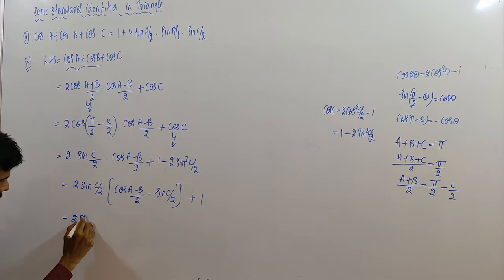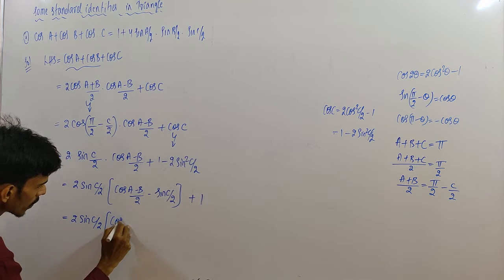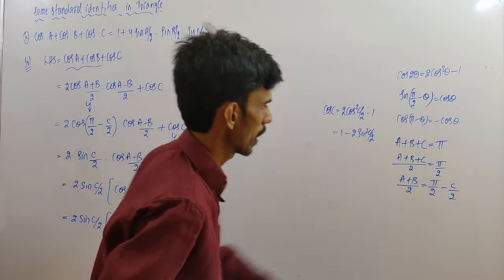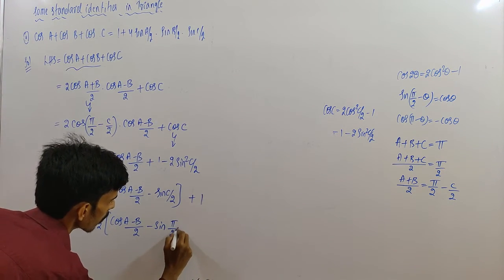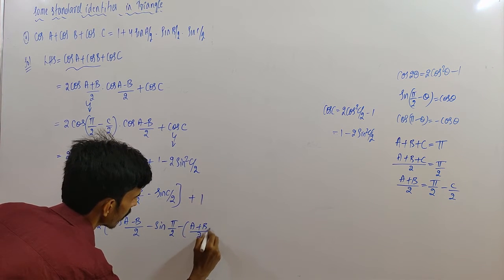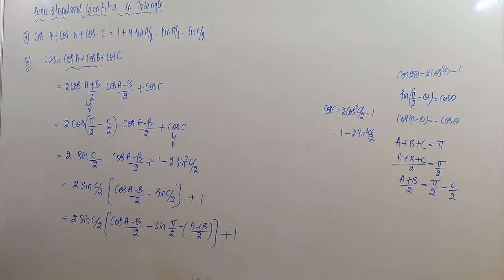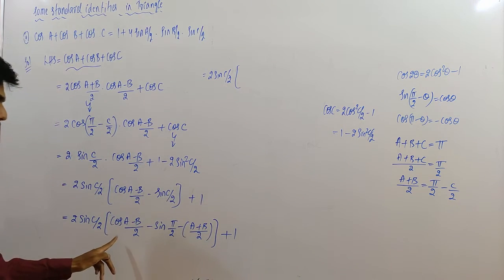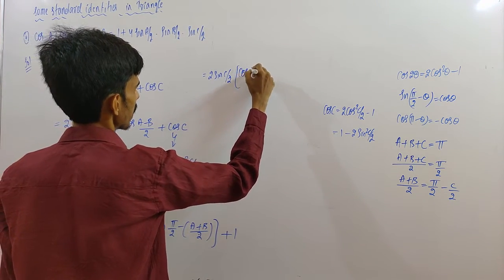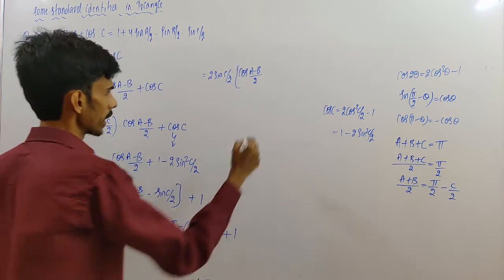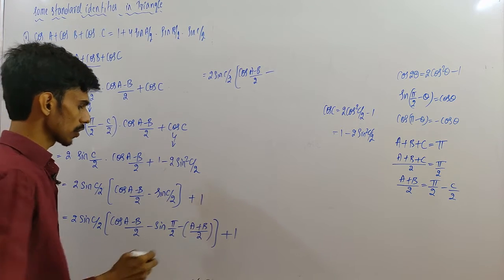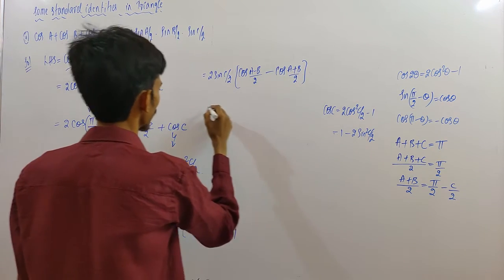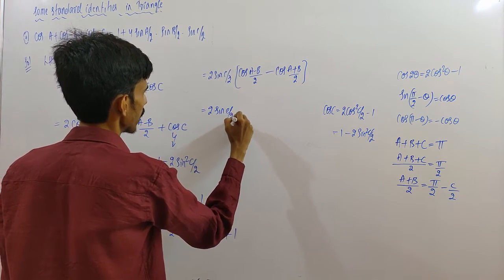Now this will become 2 sin(C/2) [cos((A-B)/2) - sin(C/2)] + 1. The value of C/2 is pi/2 minus (A+B)/2. So we have 2 sin(C/2) [cos((A-B)/2) - sin(90 - (A+B)/2)] + 1. Sin(90 minus theta) is cos theta, so it will become minus cos((A+B)/2). That equals 2 sin(C/2) plus 1.